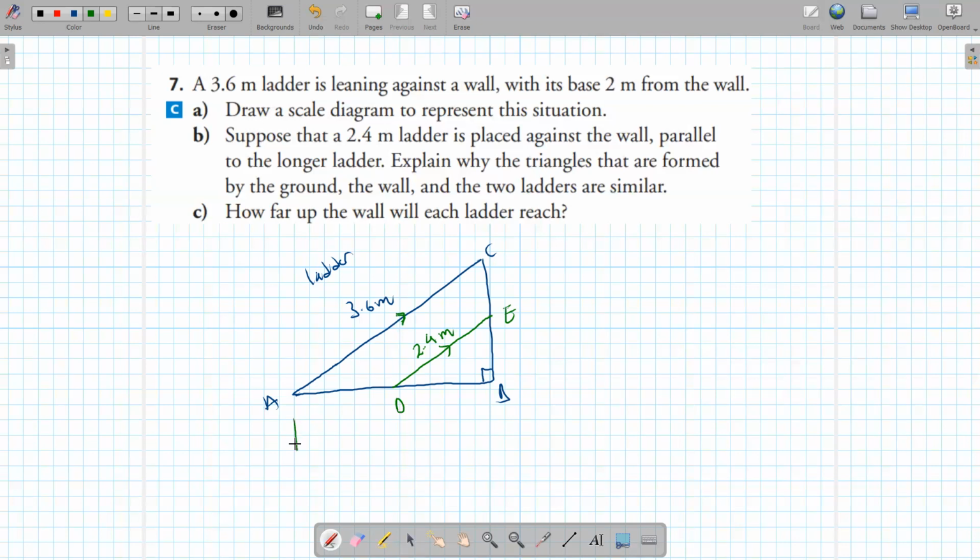So we know this distance here was 2 meters for the bigger ladder. And the question is, what's this distance, CB? And what's the other distance, EB? What's our approach?